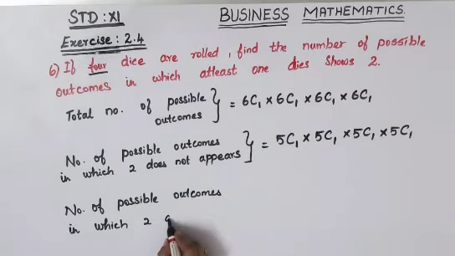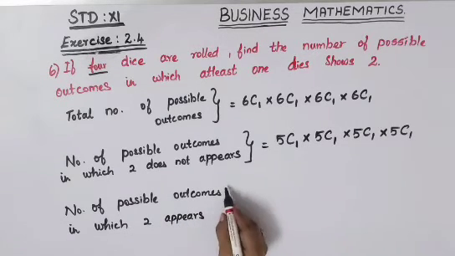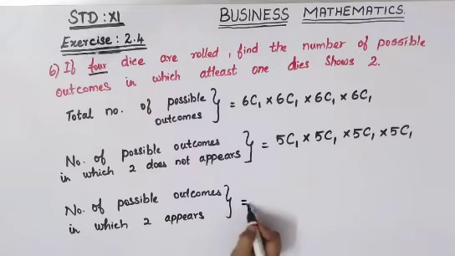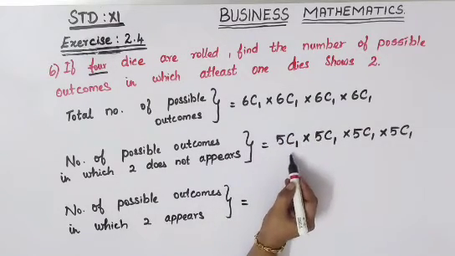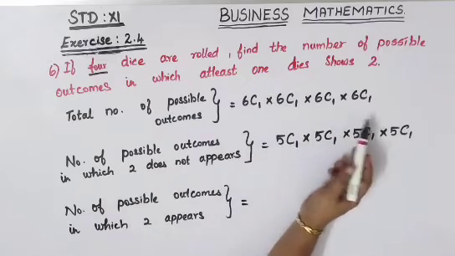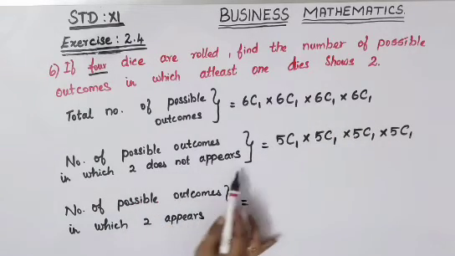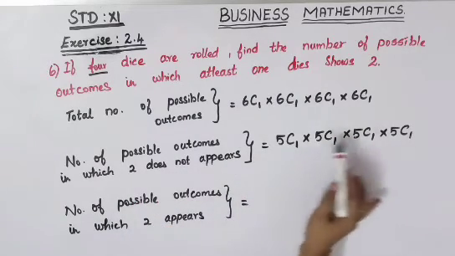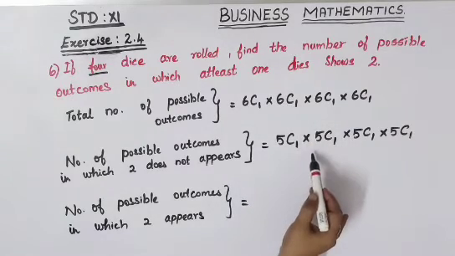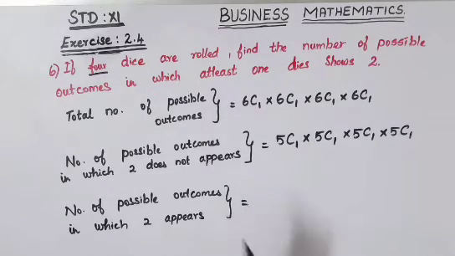In which 2 appears is just the total minus the not getting, that is total will be there, and here does not appear. So from total if you subtract does not appear, you will get appears.